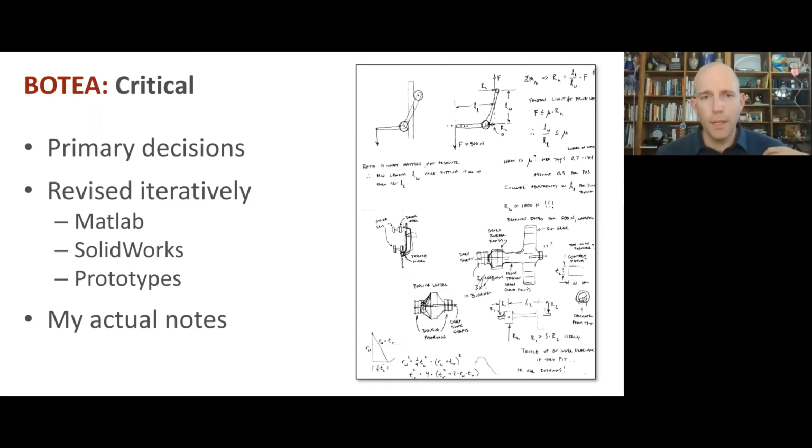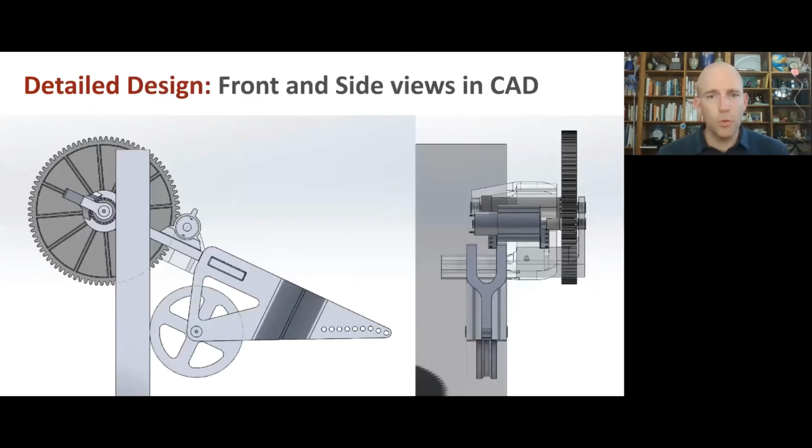All right, so the next set of processes we used here were detailed design processes in SolidWorks or CAD of some kind. And so here you can see this overall shape looks a lot like what we sketched out. We've got this 3/4 member where there's this tensile element that's lined up with the contact point.